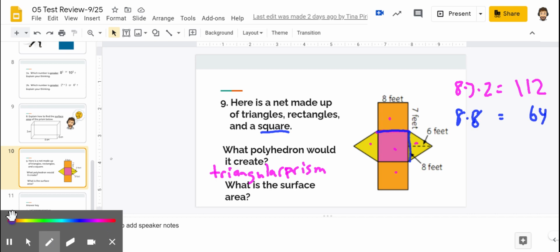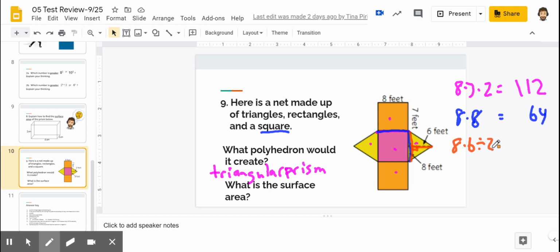And then for the two triangles, excuse me, the triangle has a base of 8. And then from the opposite vertex straight down to make the right angle is the height. The height is 6. 8 times 6 is 48.